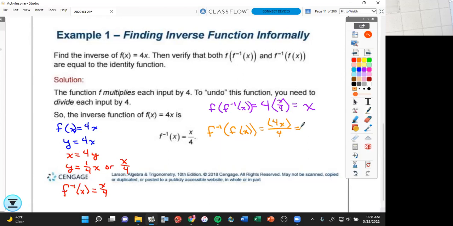What does that equal? X. So it didn't matter which way I went. If I plug the function into the inverse, or if I plug the inverse into the function, I got x both times. So is our math right? Are these inverses? Yes. Okay. Questions on that?